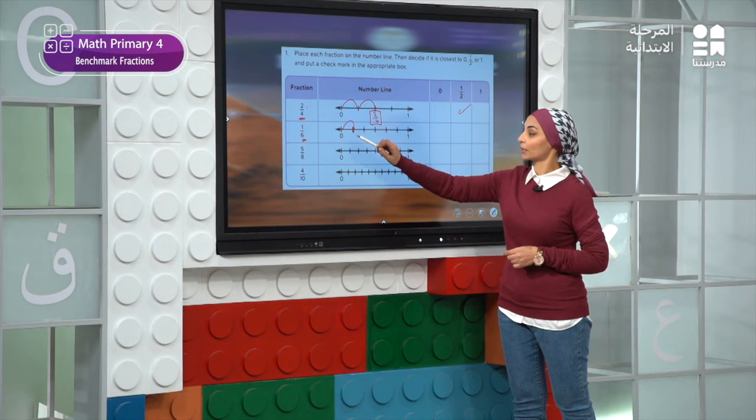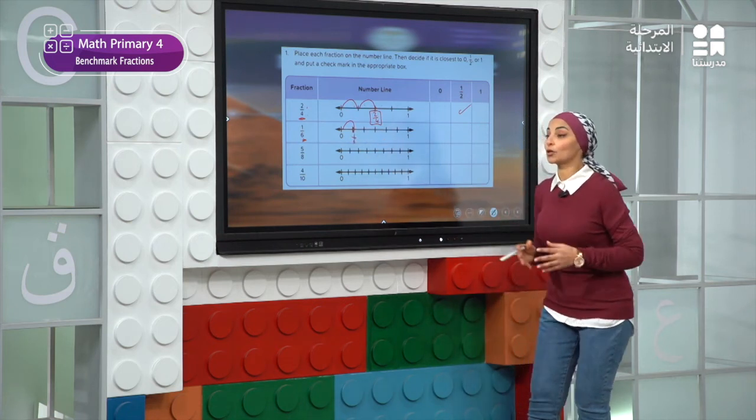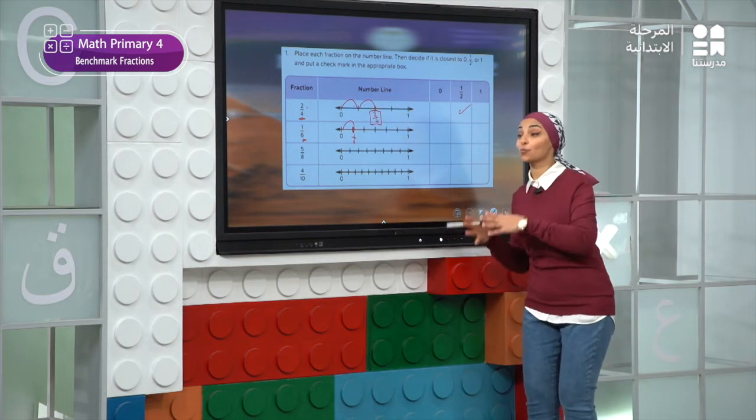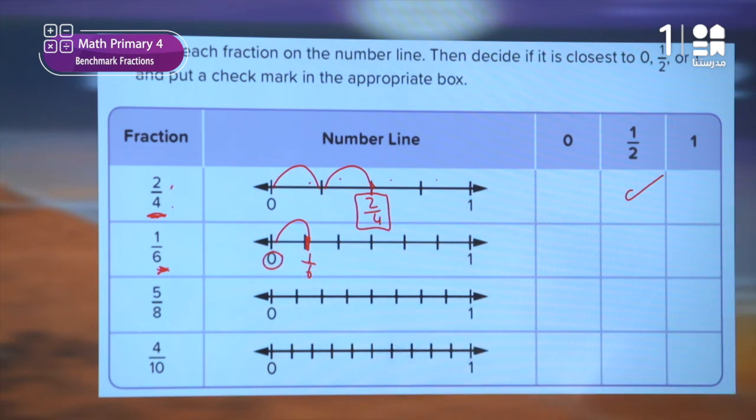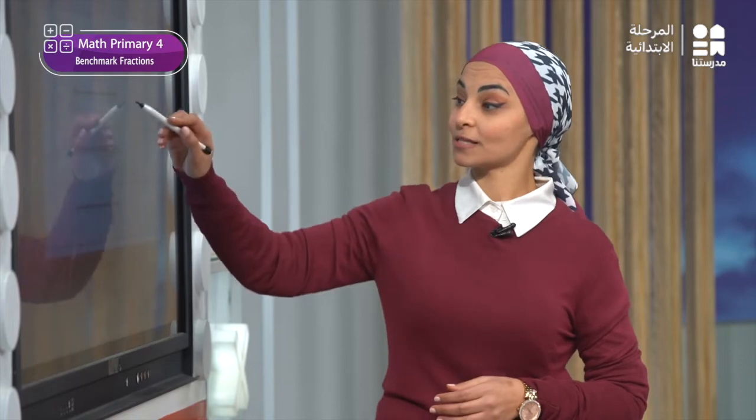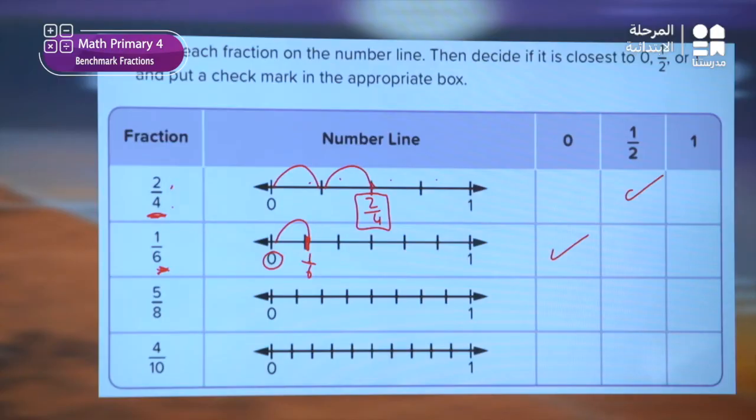So I will put a mark here and this is 1 over 6. طيب تفتكروا 1 over 6 أقرب benchmark fraction ليها إيه؟ 0 ولا half ولا 1? As you can see, it is very close to 0. 1 over 6 أقرب حاجة ليها is 0. So I'll put it right under the 0 here. تعالوا نشوف بقى the third one.